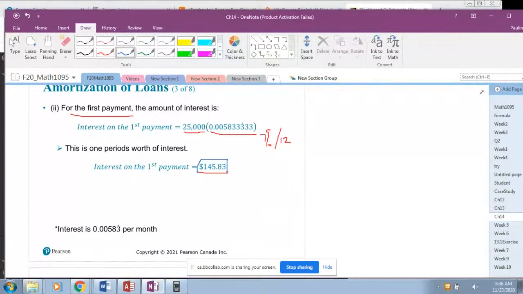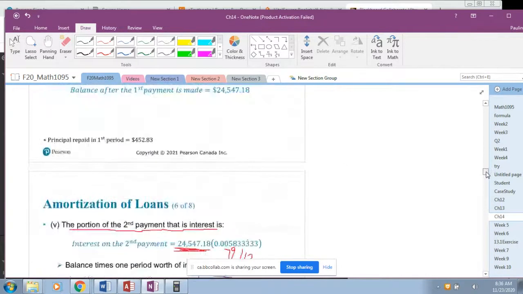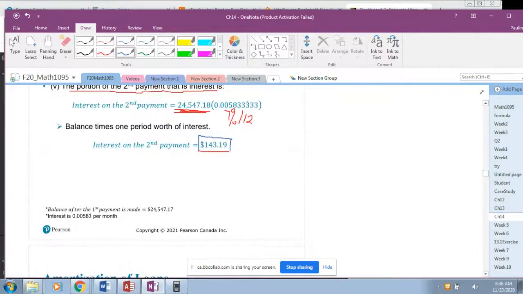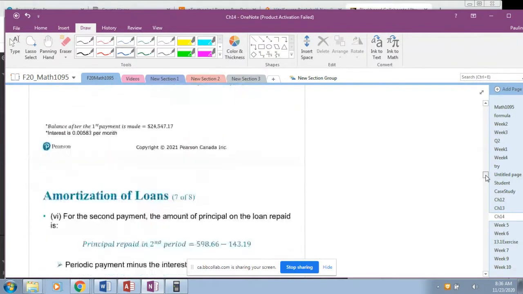As time goes by, interest is decreasing. In this example, it changed from 145 to 143. So this is the interest for the second period.